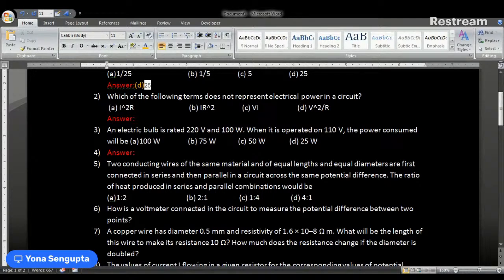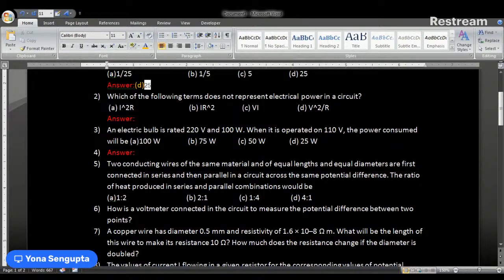So we can substitute the value of V, which is IR, in P equals VI, which gives us P equals IR into I, which is I square R. Similarly, from Ohm's law, we know that I equals V by R. If we substitute this in P equals VI, then it gives us V into V by R, so V square by R. So this is the answer.